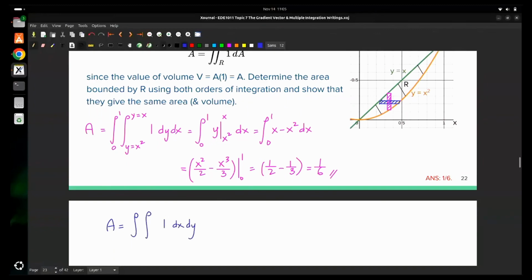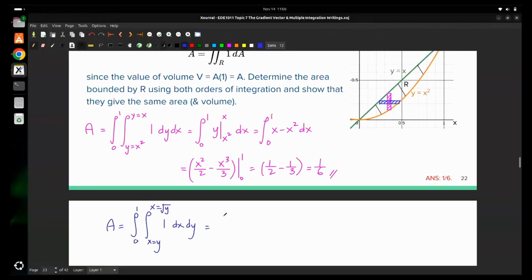The lower limit is x equals y. The upper limit, as we evaluated just now, is x equals root y, because y equals x squared. So now of course, the y limits will be from 0 to 1 as well.